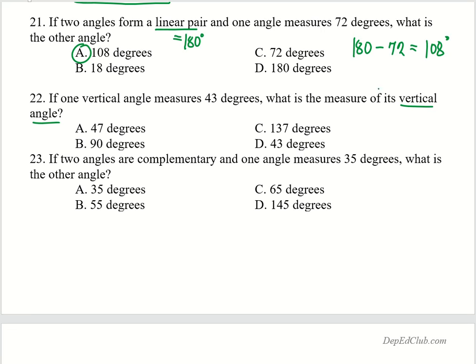When you say vertical, their measurements are congruent, so it is also 43 degrees. 23. If two angles are complementary and one angle measures 35 degrees, what is the other angle? Complementary is equal to 90 degrees, so you just need to subtract: 90 minus 35 is equal to 55 degrees.